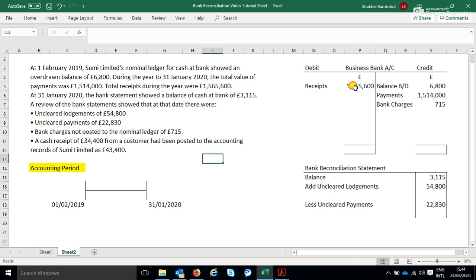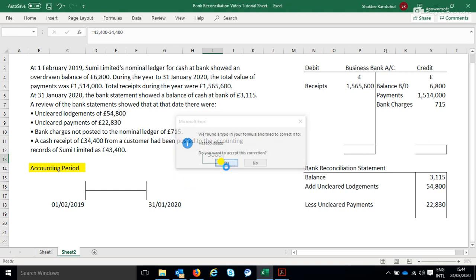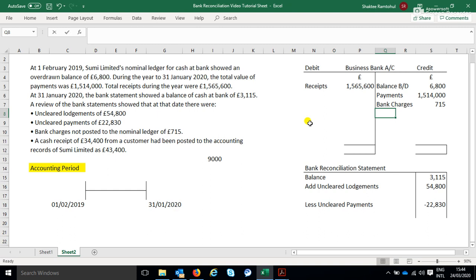So we have overstated the receipts by 43,400 minus 34,400. Yes, we have overstated by 9,000. So I'm just going to write here correction, just to keep it simple, 9,000.